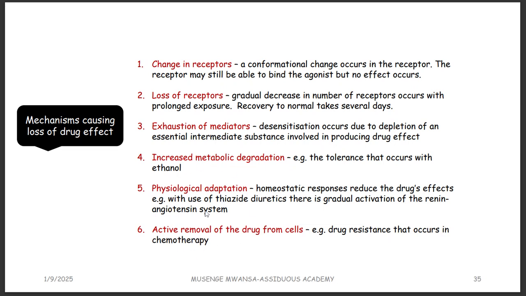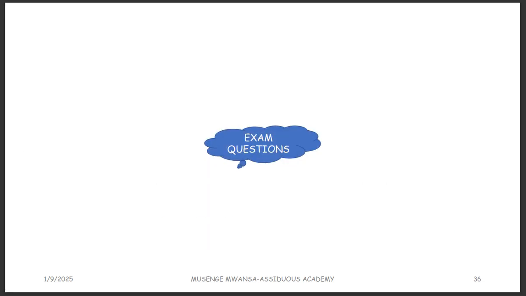That is a physiological adaptation. Sometimes there can also be active removal of the drug from the cells. For example, with drug resistance in chemotherapy, the cells take up the drug and then just spit it out. This active removal can lead to the loss of drug effect. So that, my friends, is what we call pharmacodynamics.